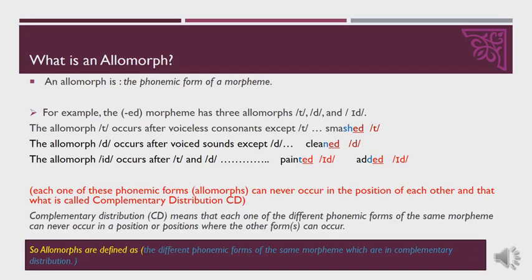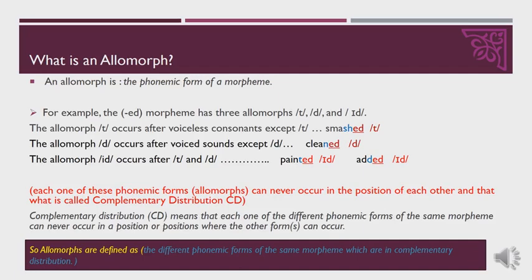When the verb ends with de or te, the ed is pronounced as id. For example, add, added, paint, painted. So the ed is pronounced as id.